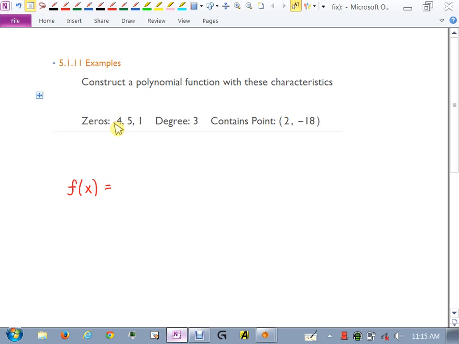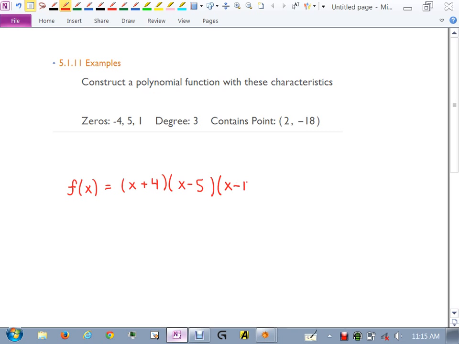The fact that -4 is an x-intercept means that x plus 4 is a factor, right? Because if I plug -4 in right here, this zeroes out, and creates a 0 for the function. This +5 creates a factor of what? X minus 5. And this 1 gives me a factor of what?